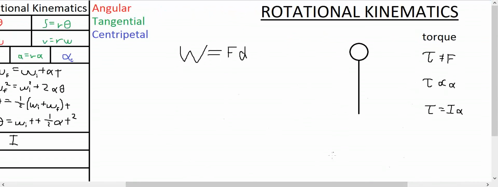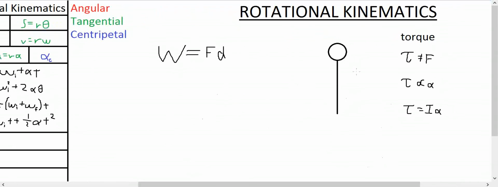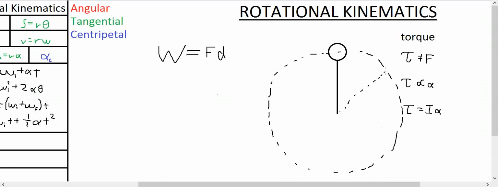But when you apply it in the rotational kinematic sense, let's say this is the circular path of the ball, and you apply the force for a certain distance or displacement, this is the angular displacement.